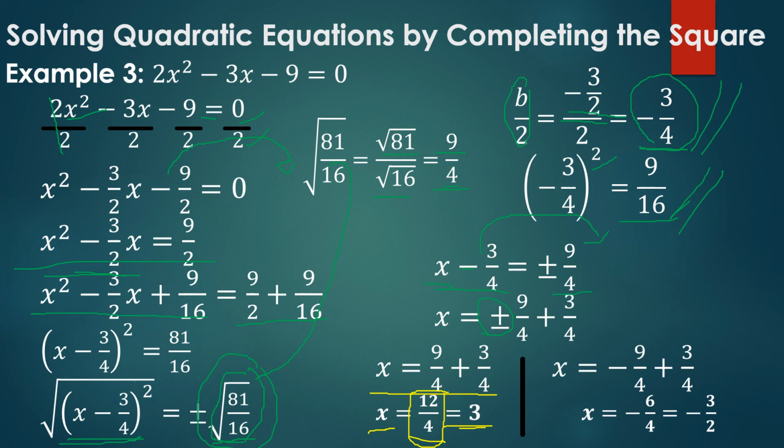And then the other one, negative 9 over 4 plus 3 over 4, will give us negative 6 over 4. And we all know that negative 6 over 4 can be simplified to negative 3 over 2. Therefore, the values of x, or the solutions of the equation 2x squared minus 3x minus 9, are positive 3 and negative 3 halves.